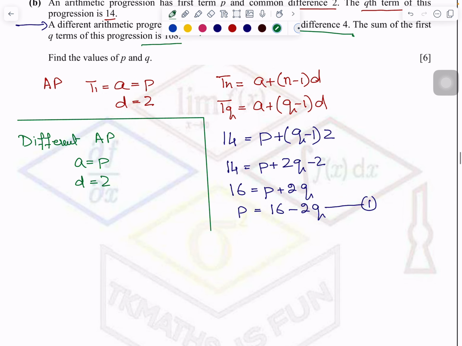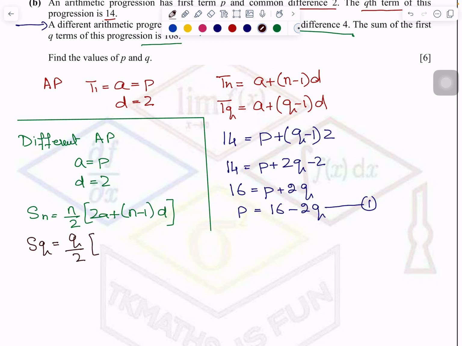So let me write down the formula for the sum of the terms, which is n over 2 times 2a plus n minus 1 d, right? He's saying q terms, so wherever I have n, I will write q. Agreed?